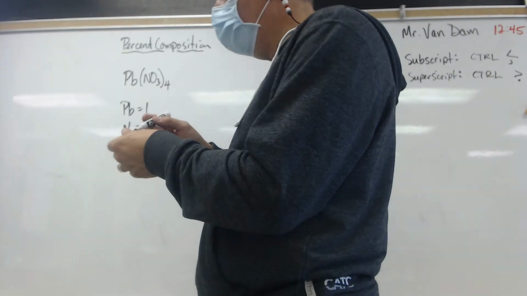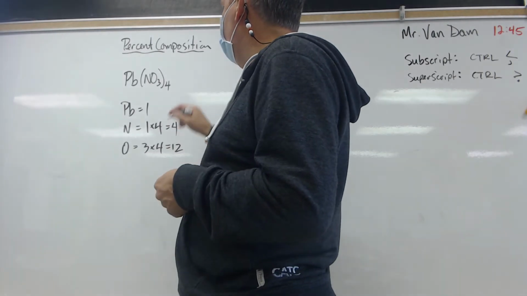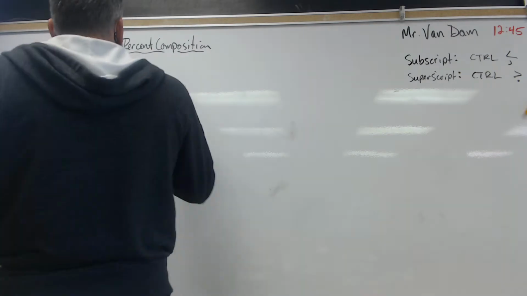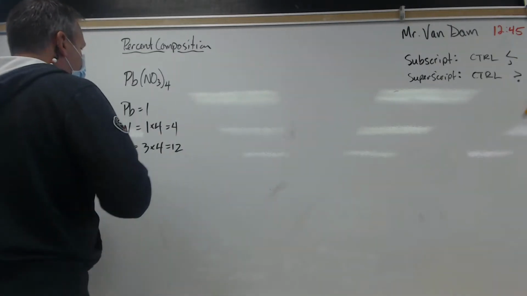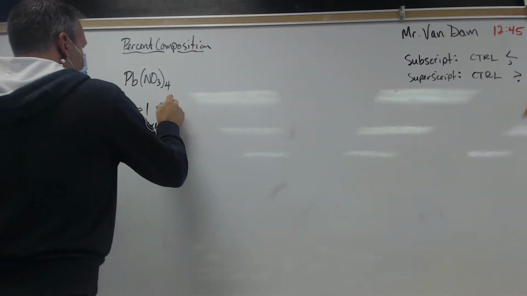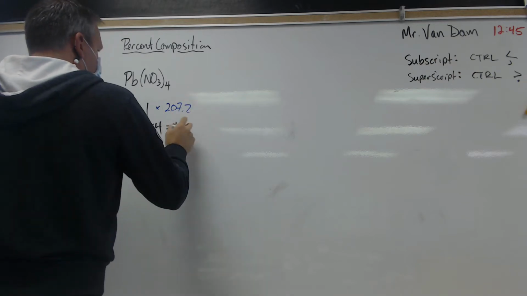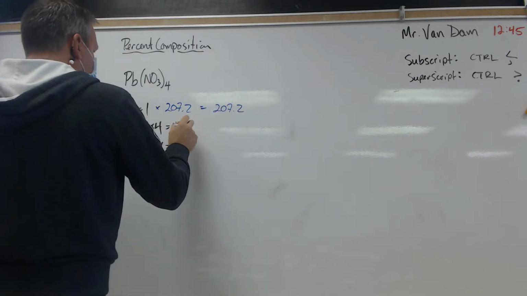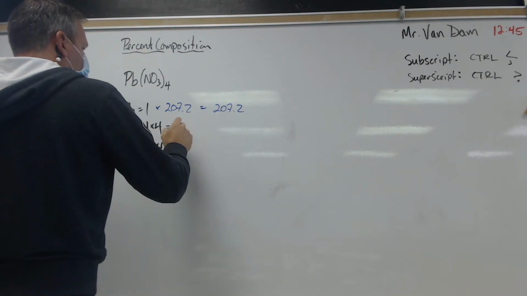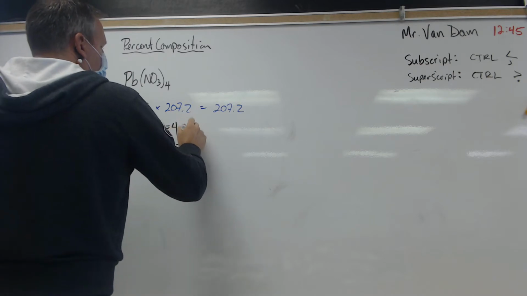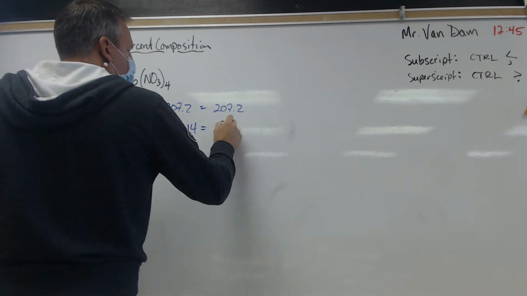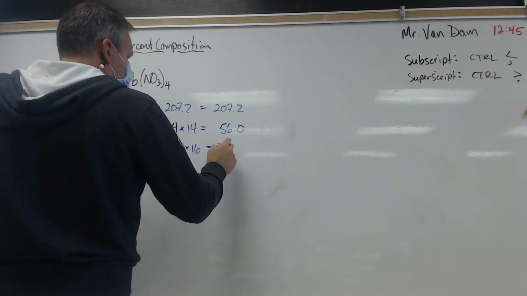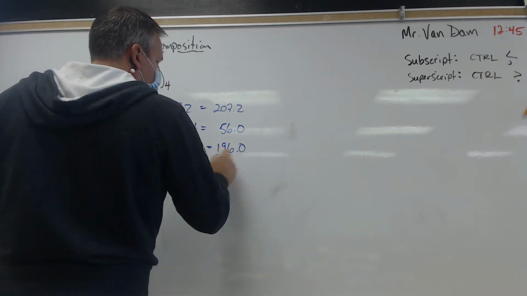Because it's ionic, we generally don't call it a molecule. So we can refer to it as either the compound mass or the formula. And then we did the mass. This was 207.2, I believe. This was times 14, 56, 12 times 16. And I think we said that was 196.